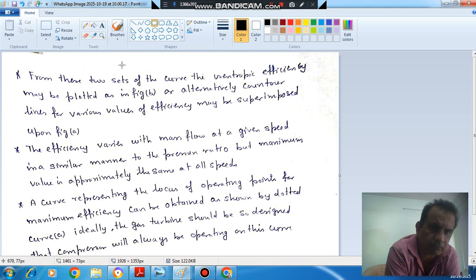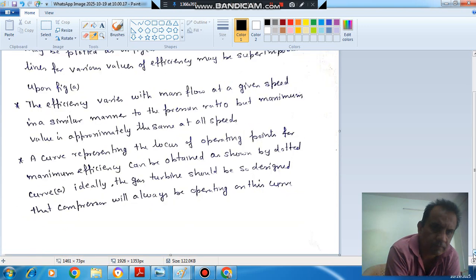From these two sets of points, the isentropic efficiency curve may be plotted as shown in figure B, or alternatively contour lines of isentropic efficiency may be superimposed as shown in figure B. The efficiency varies with the mass flow at a given speed.